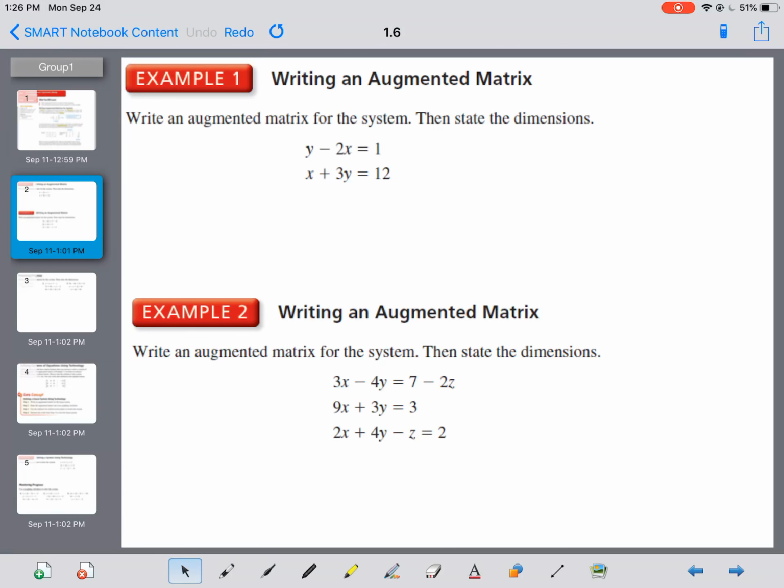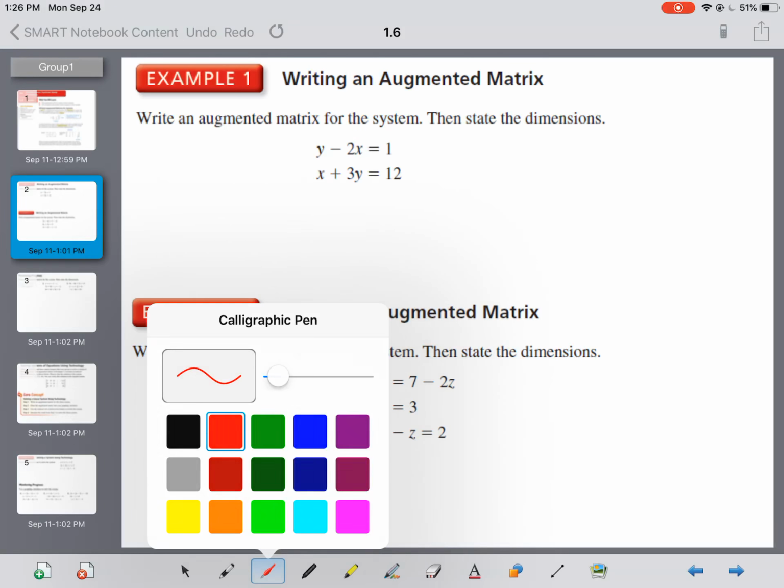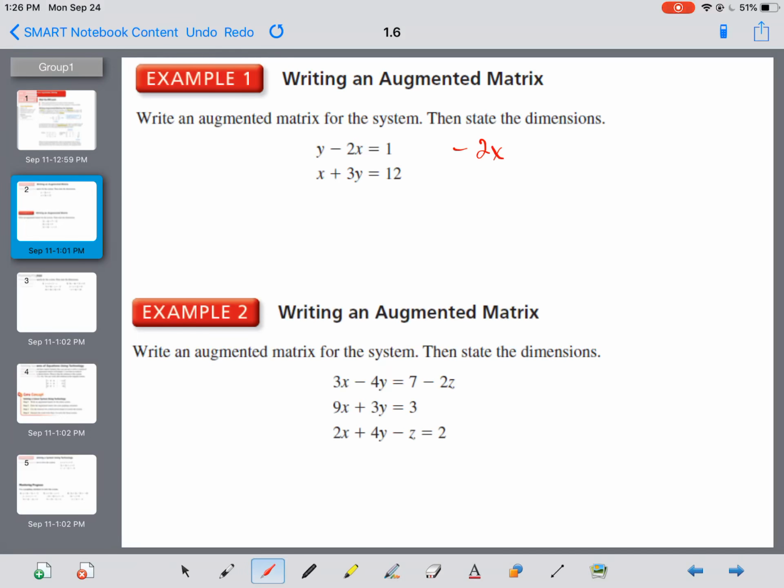We're going to write an augmented matrix for the system, then state the dimensions. So we have to get it in standard form. So we're going to rewrite the top equation with negative 2x, take the sign with it, a positive y equals 1. You got x plus 3y equals 12.